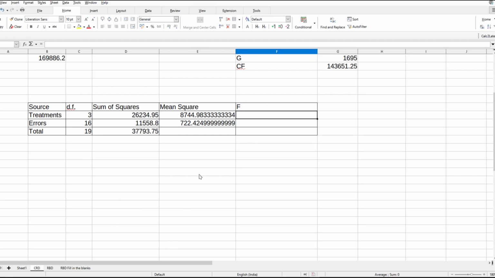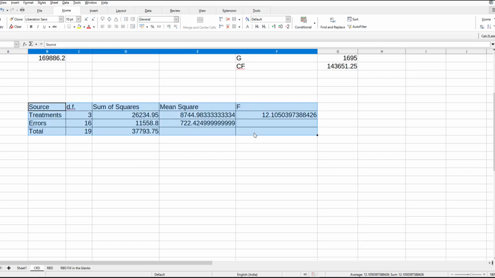Now what is F? F will be treatment mean square divided by error mean square, right? So this is equal to 8744 divided by 722. So we got the value for F as 12.105, right? So this is our calculation.